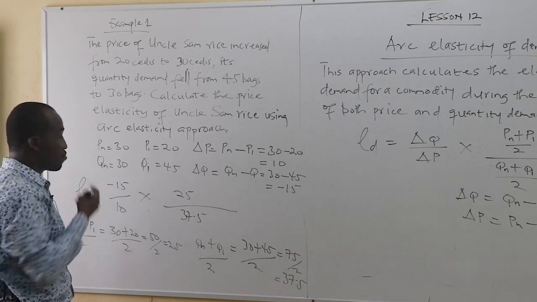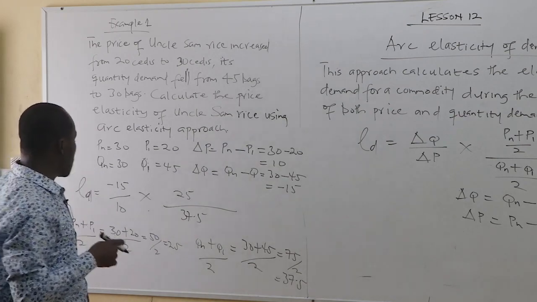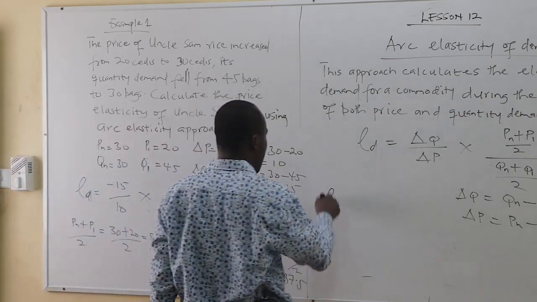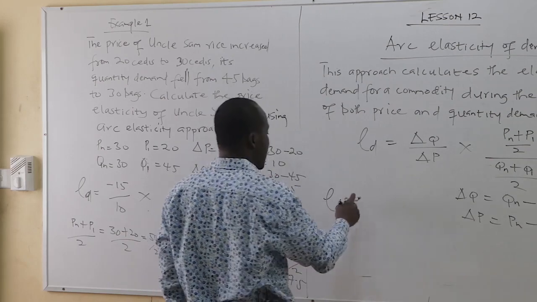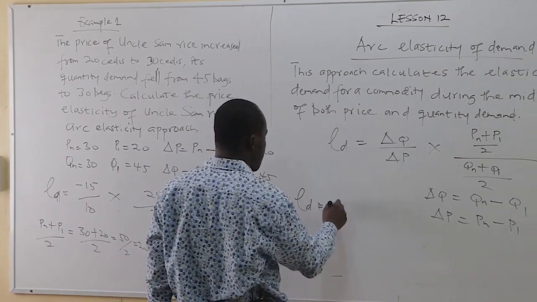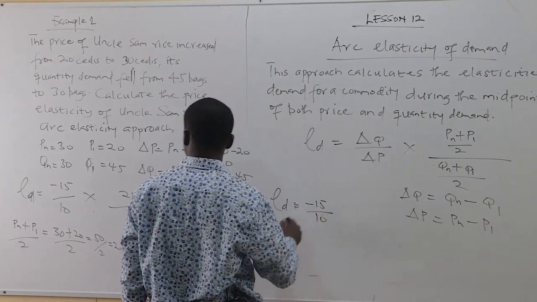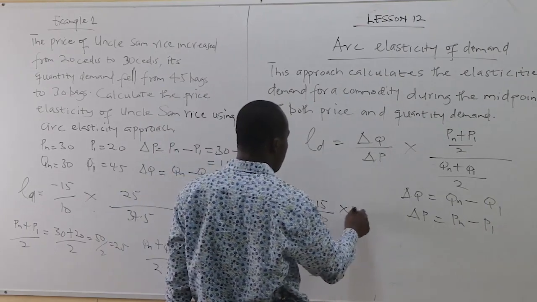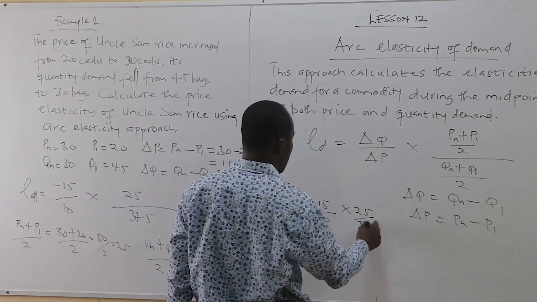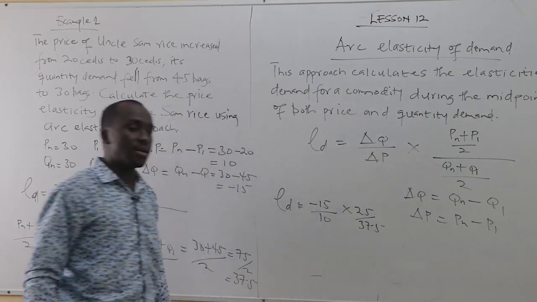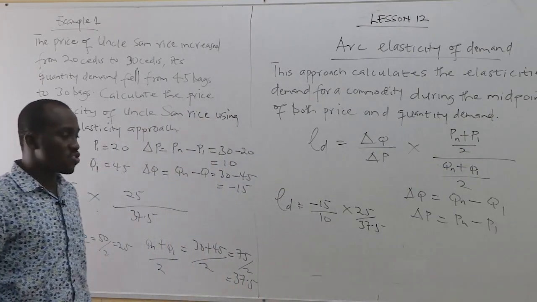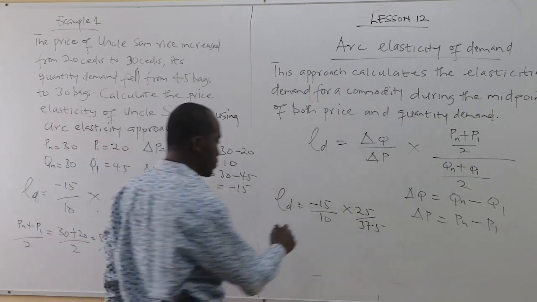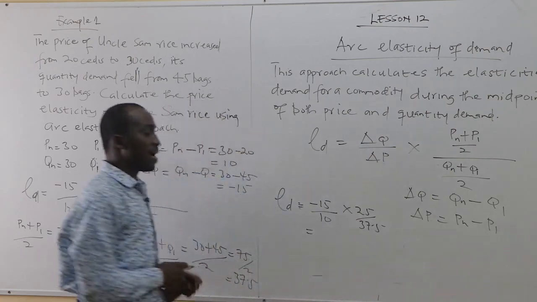I think my guess is true. So it means that now the elasticity can be rewritten as negative 15 over 10 times 25 divided by 37.5. You can multiply the top and multiply the bottom.